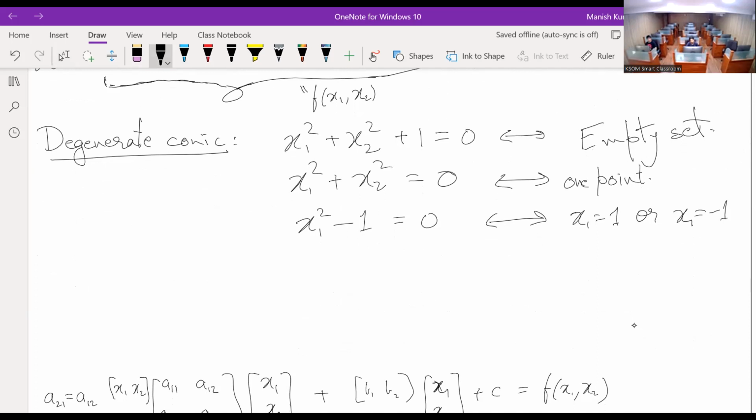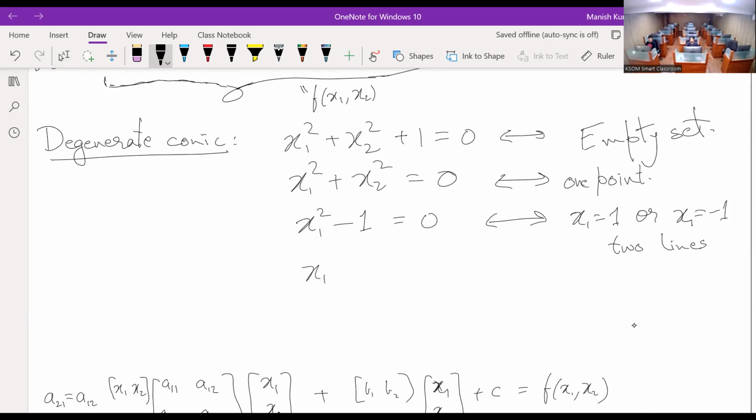You can also get 1 line. So that is 2 lines, x1 equals 1 and x1 equals -1. Can you give me a situation where you can get 1 line? X1 square equals 0.